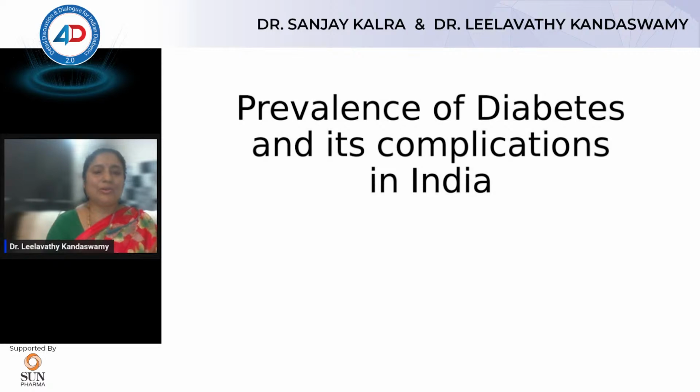Today, I'm going to talk about an important topic. We need to know about the prevalence of diabetes and its complications in India because, as explained earlier, there are a lot of dissimilarities. Only if we understand the prevalence can we target the right population and give correct management strategies.